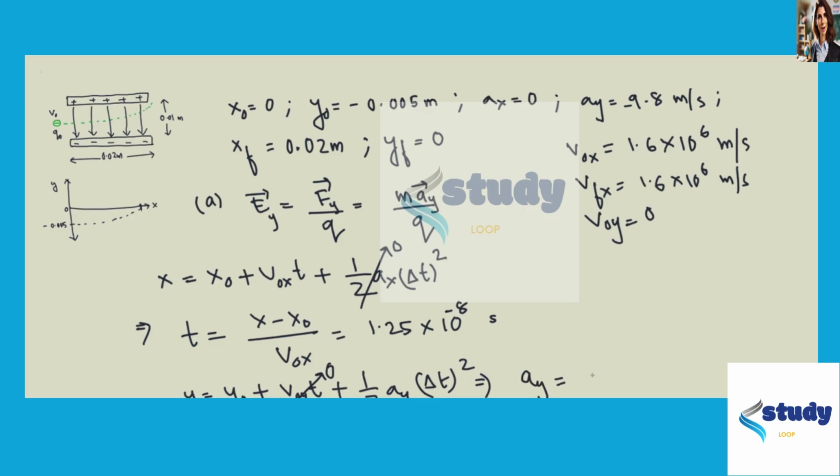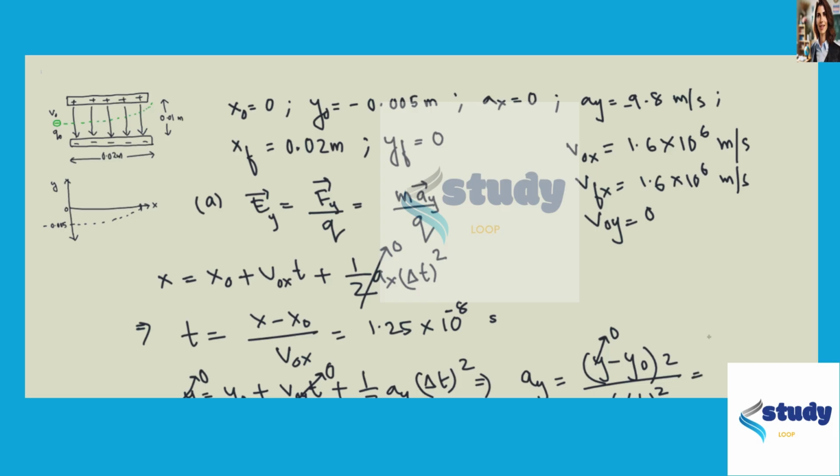Therefore we have ay equal to y minus y naught times 2 over delta t squared. Also the final value of y is 0, so this also goes to 0.